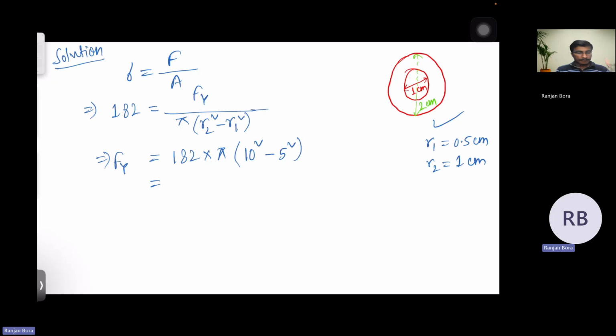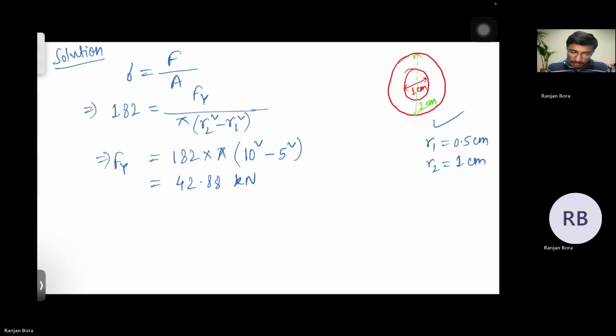If we do this, it comes to 42.88 kilonewton. The yield load for the compressive yield stress is 42.88 kilonewton.